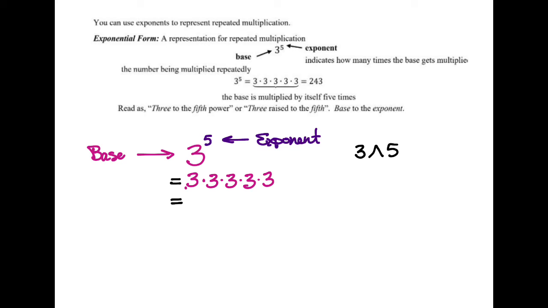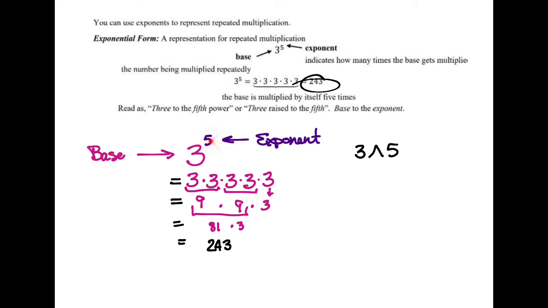So let's do that. 3 times 3 is 9. 3 times 3 is 9, and then this 3 we're just going to bring down because we haven't used it. Then 9 times 9 is 81, and bring the 3 down again. And now 3 times 1 is 3, and 3 times 8 is 24. So it's 243.